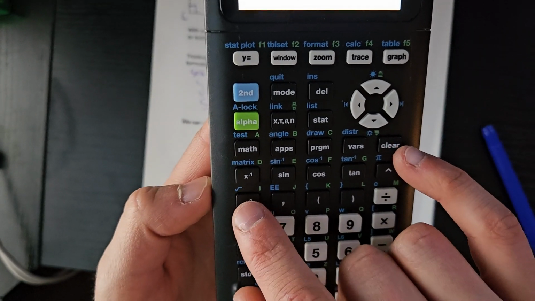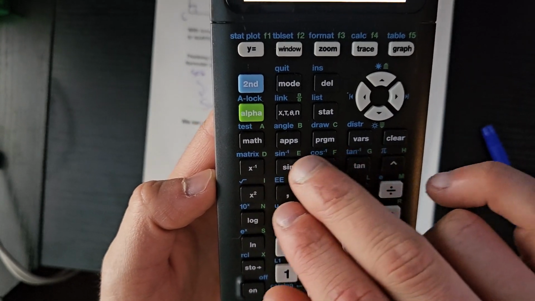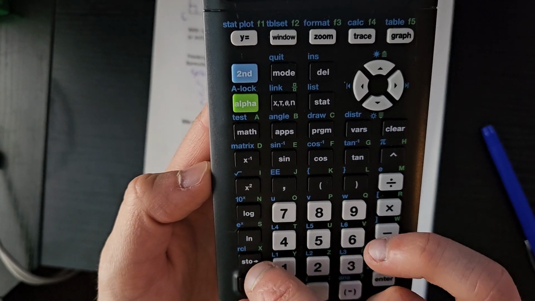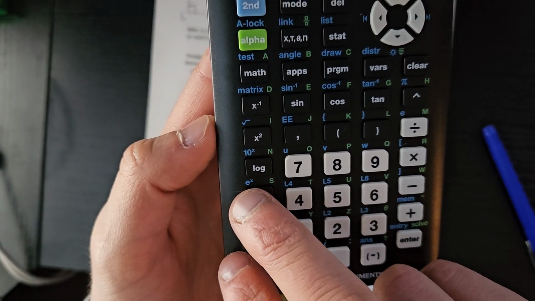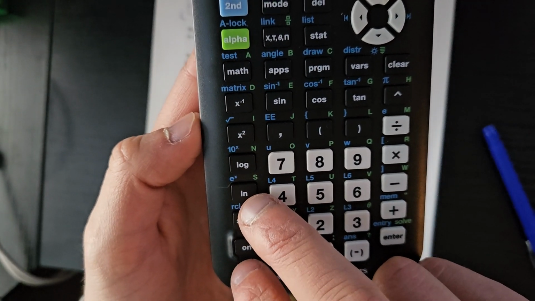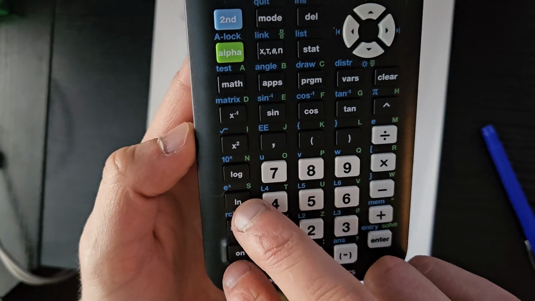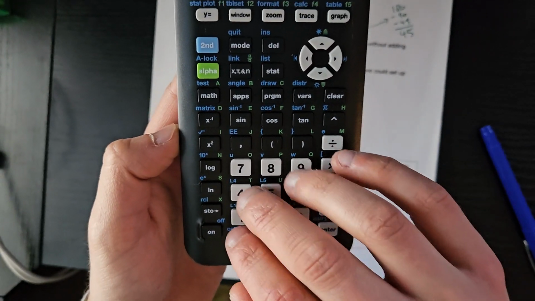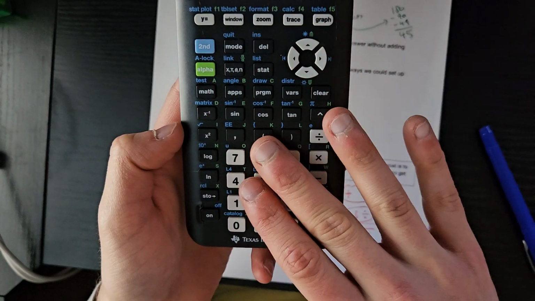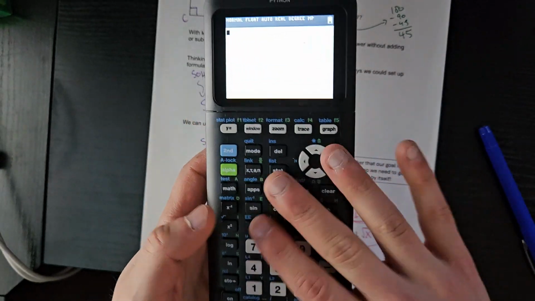Not a lot of the blue, but some of the blues on our calculator are inverses of each other. This ln and e to the x, these are inverses. This is a natural log. This is kind of Algebra 2 territory, so next year you'll learn a little bit about this. But a lot of the blues are inverses of each other, so we can keep that in mind when we work.